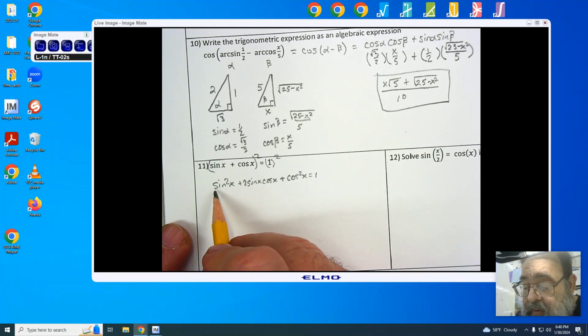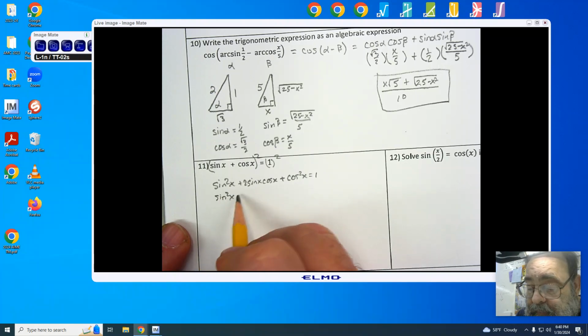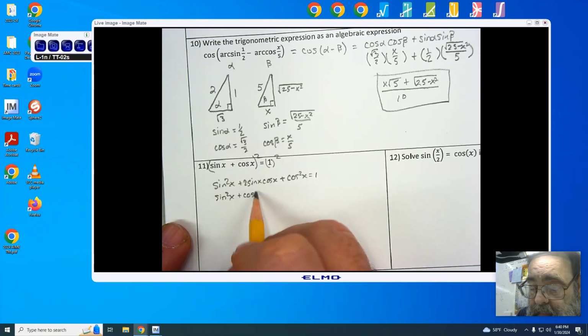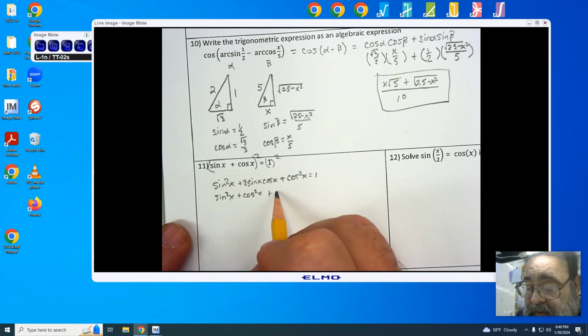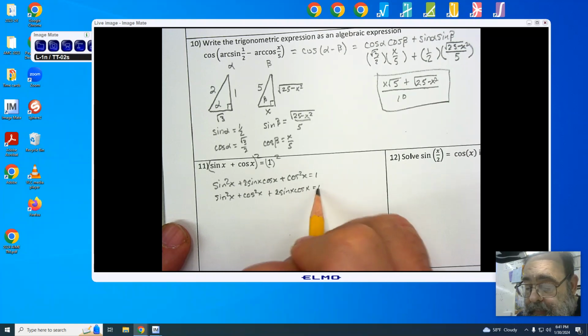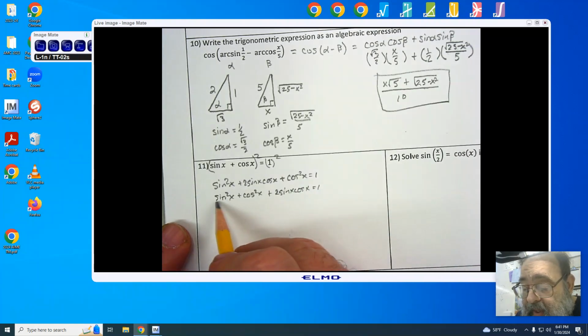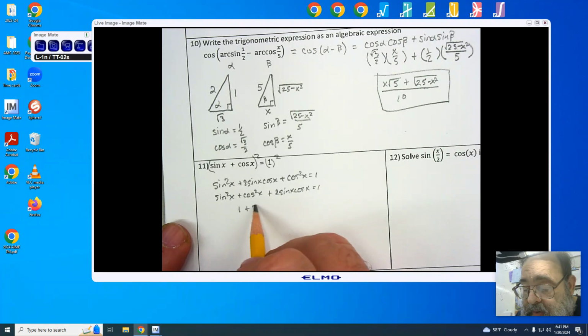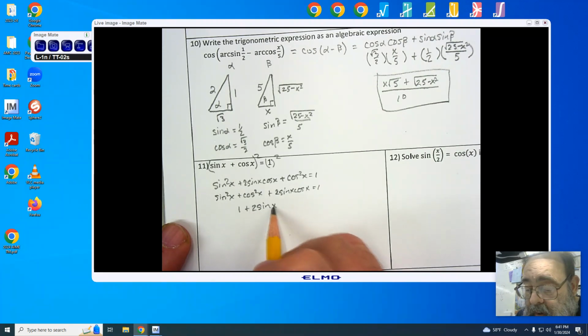Notice that sine squared and cosine squared, when added together, give us 1. So we're going to group them together. Then we have our plus 2 sine x cosine x, and it equals 1. We then get, with our Pythagorean identity, 1 plus 2 sine x cosine x equaling 1.